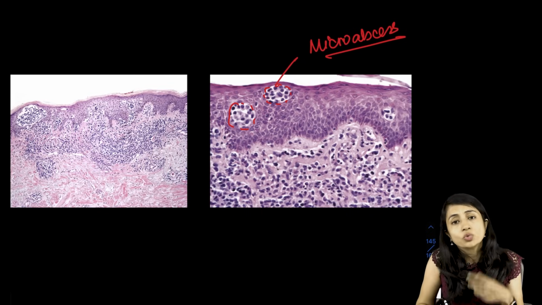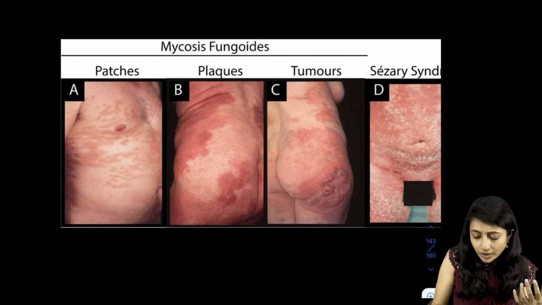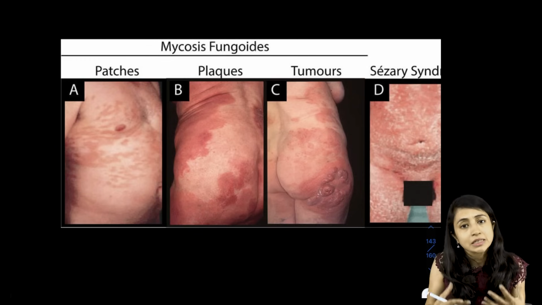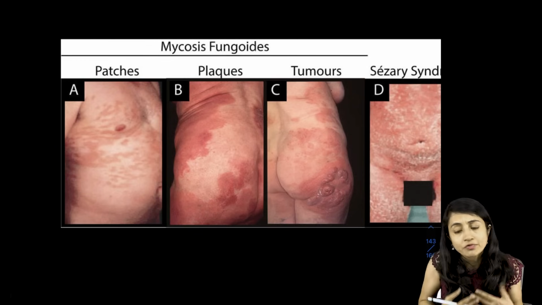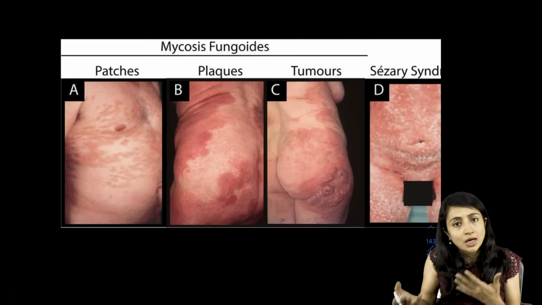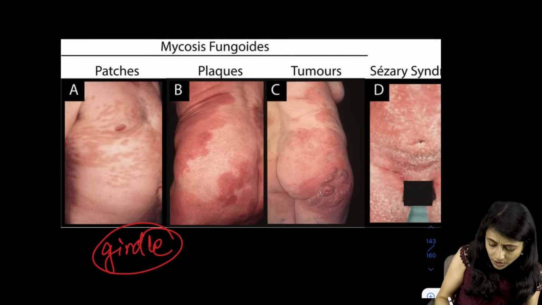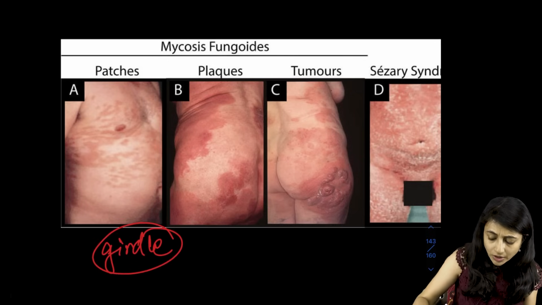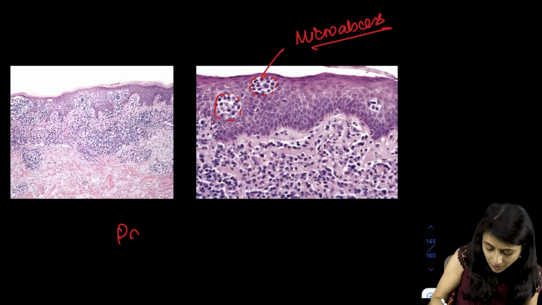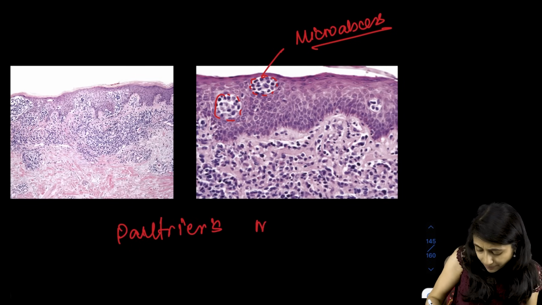Now, when they ask you in the question, they will give you something like this: a history of erythematous lesions on the limb girdles which are not improving, or erythematous scaly lesions which progress to form plaques and nodules, typically affecting the girdle. Then they give you this histopath image and they ask you what it is. So this is nothing but Potter's microabscesses.